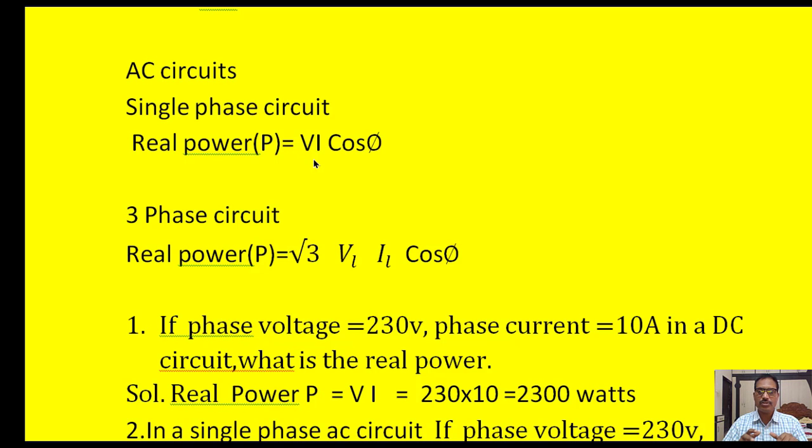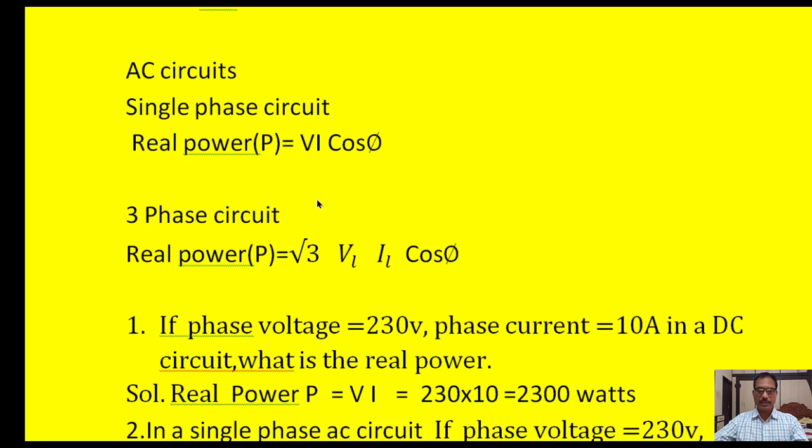If you know these three parameters, we can calculate the real power. Remember, in single phase AC circuits, V represents the per phase voltage and I represents the per phase current.